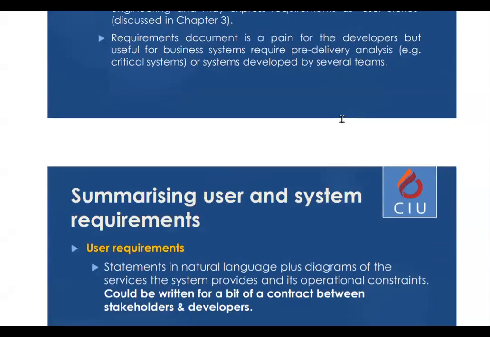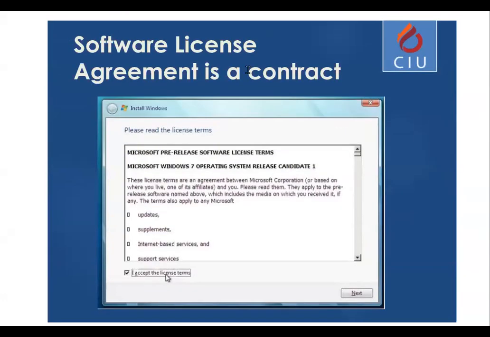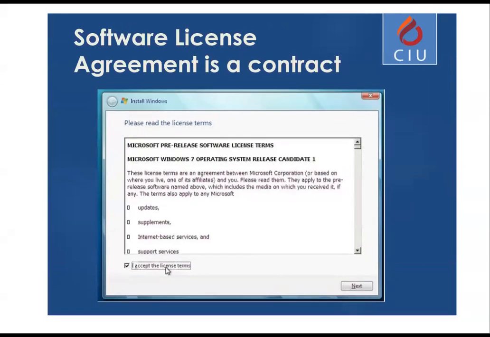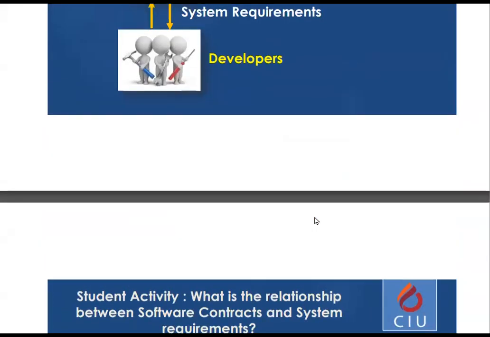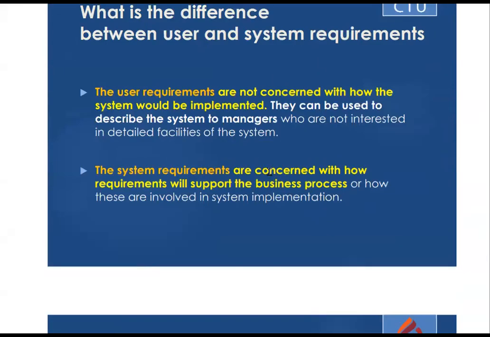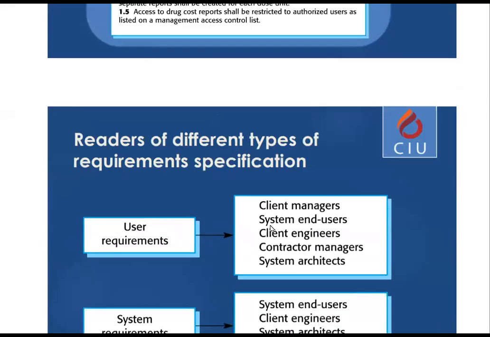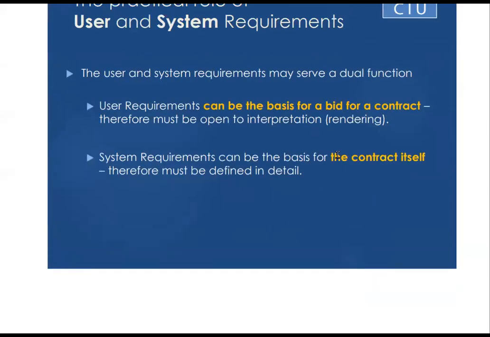Like I just told you, if you go up, when you agreed to this agreement, you probably never read it. But when you agree to it, you are agreeing to certain terms in the contract. And we already mentioned that the contract is developed from the system requirements, because the system requirements are the basis for the contract itself.